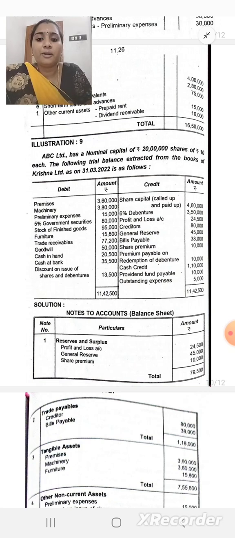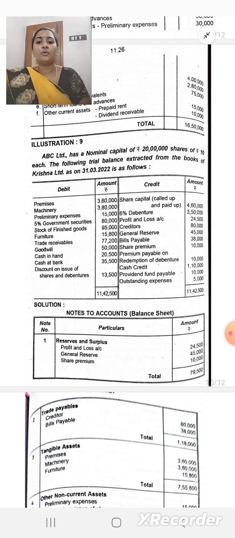Okay, so the sum is: ABC Limited has a nominal capital of rupees 20 lakhs, shares of rupees 10 each. The following trial balance extracted from the books of Krishnan Limited as on 31/3/2022 is as follows.